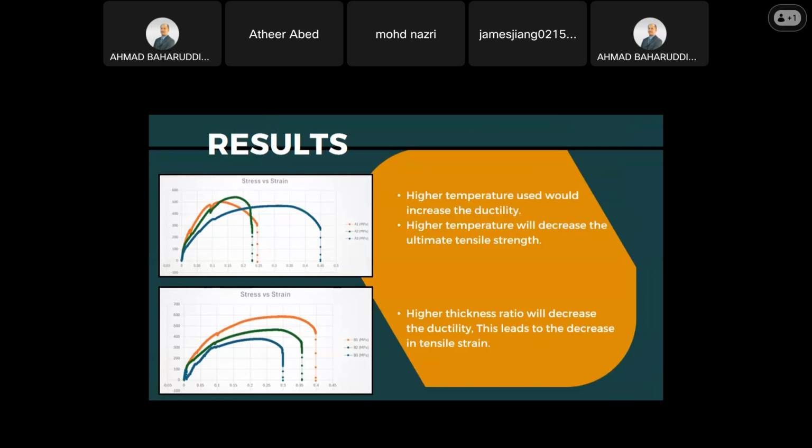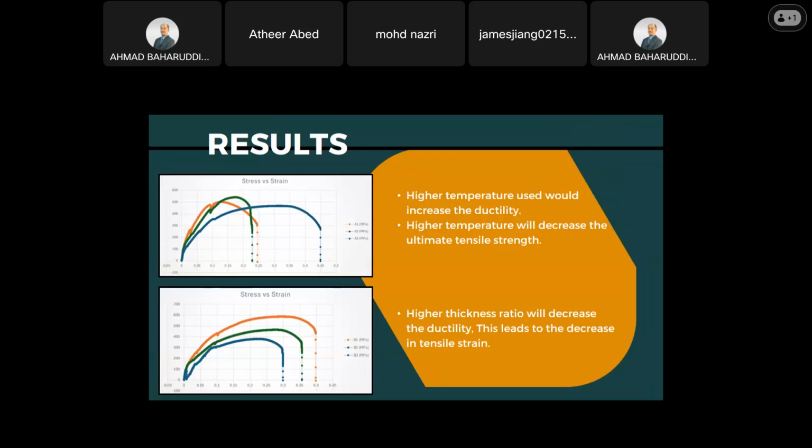So this one right here says A1, A2, and A3. A1 is 500 degrees Celsius, A2 700, and A3 900 degrees Celsius. Right here, higher temperature will increase the ductility. As you can see, A3 is 900 degrees Celsius used on the specimen, so that means it has increased the ductility.